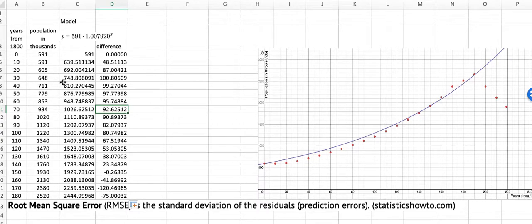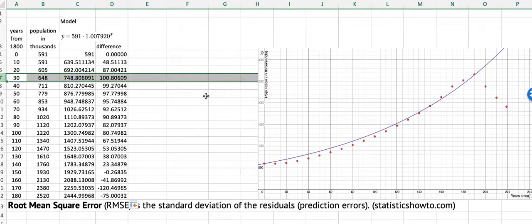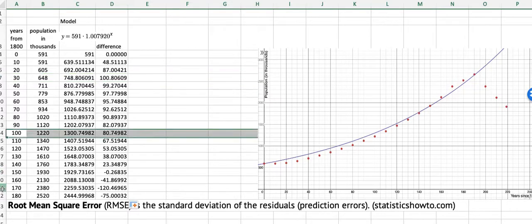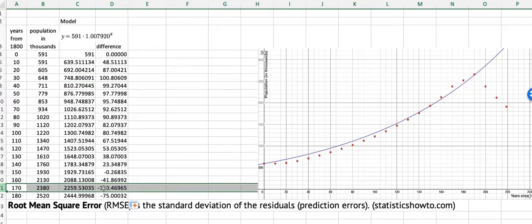If we take something like 30, you can see that the model actually over-predicted the population. So our function is above, and the difference is positive. As opposed to if we go down to 170, the model is below the actual value, and so that difference was negative.